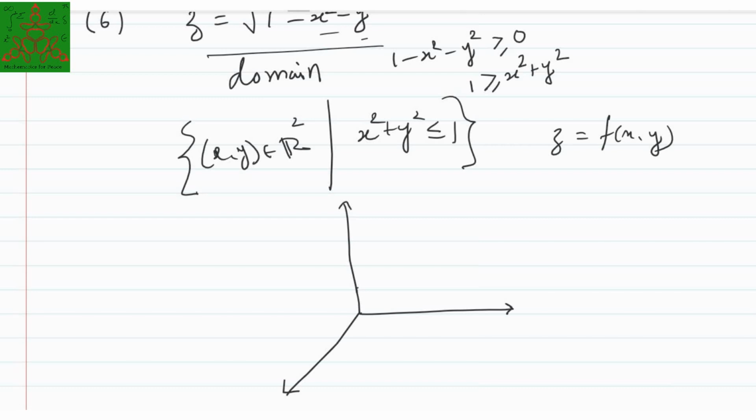If x and y are 0 here, then z is equal to 1. So it gives you the point (0, 0, 1). This is the x-axis, this will be your y-axis, this will be your z-axis. Then it gives me the point (0, 0, 1), that is here.